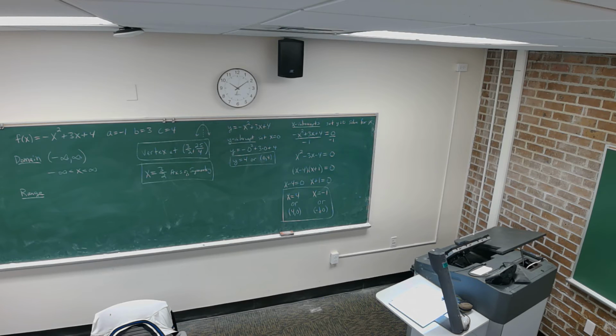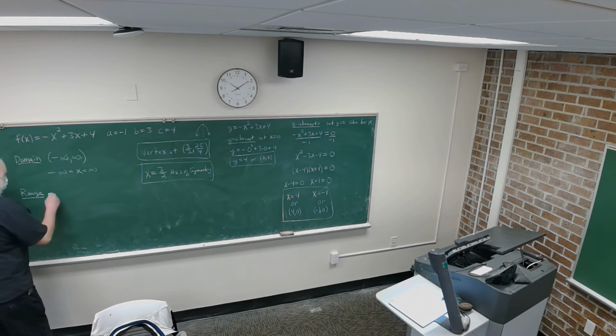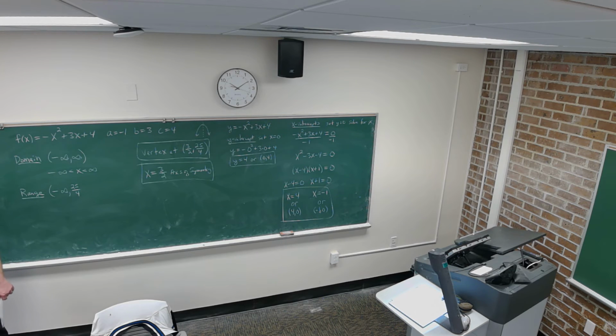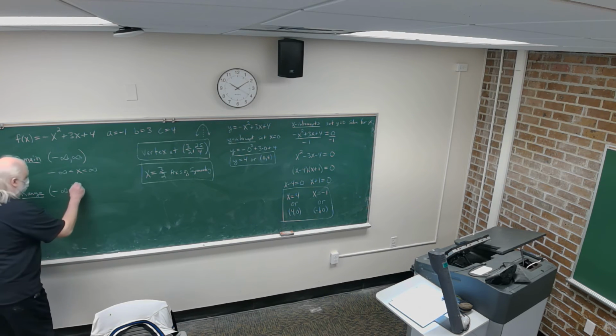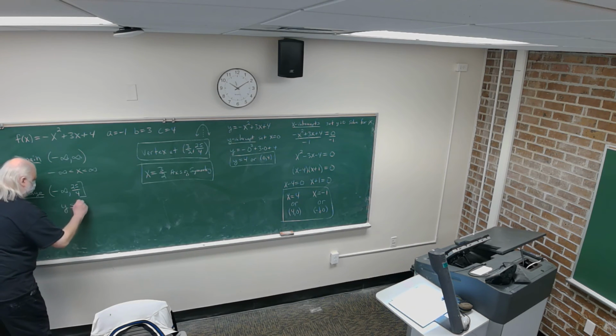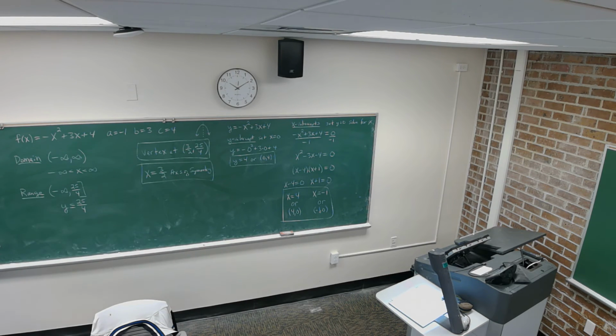No. So the y coordinates go from -infinity up to 25/4. That's the range. Okay. Do we include 25/4? Yeah. So this is y less than or equal to 25/4. Okay, that's the range.